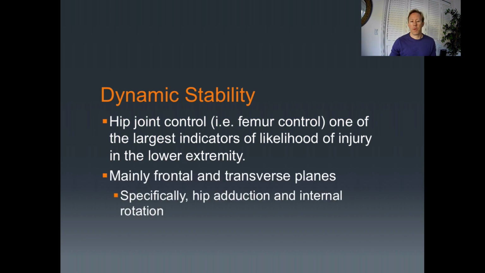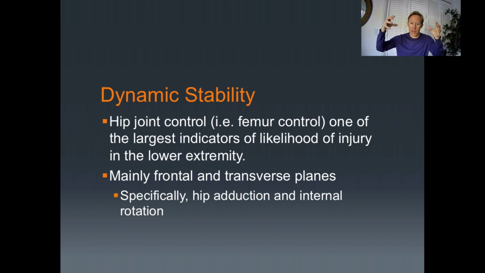In terms of compensations that we tend to be concerned about, they mainly are frontal and transverse plane compensations, and specifically it's hip adduction and internal rotation. These are situations where the knee is collapsing towards the other knee. In some people it's mainly adduction, in some people it's mainly internal rotation, and a lot of people show a little bit of both.